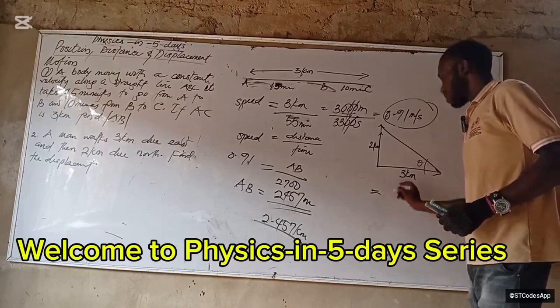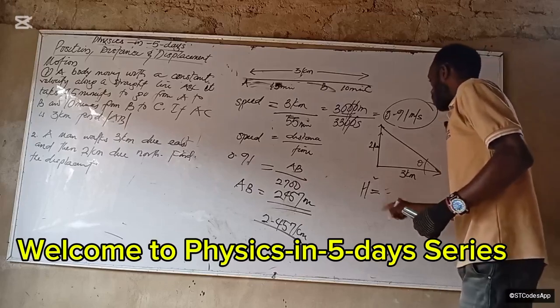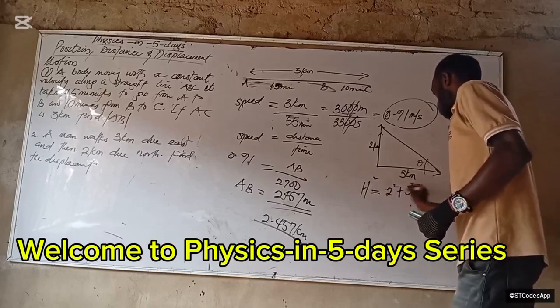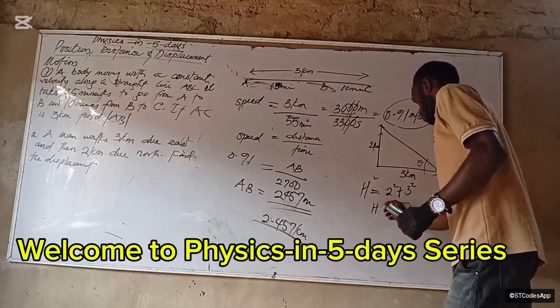H, right? H squared is equal to what? That's 2 squared plus 3 squared. That becomes 4 plus 9. So H equals square root of 13.